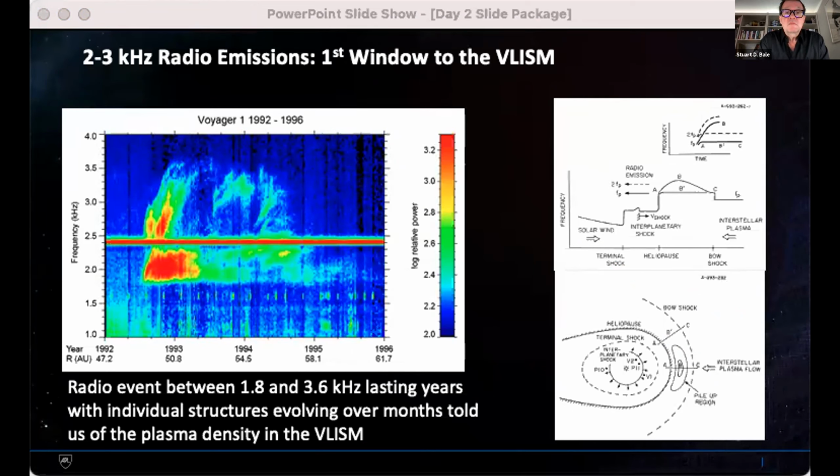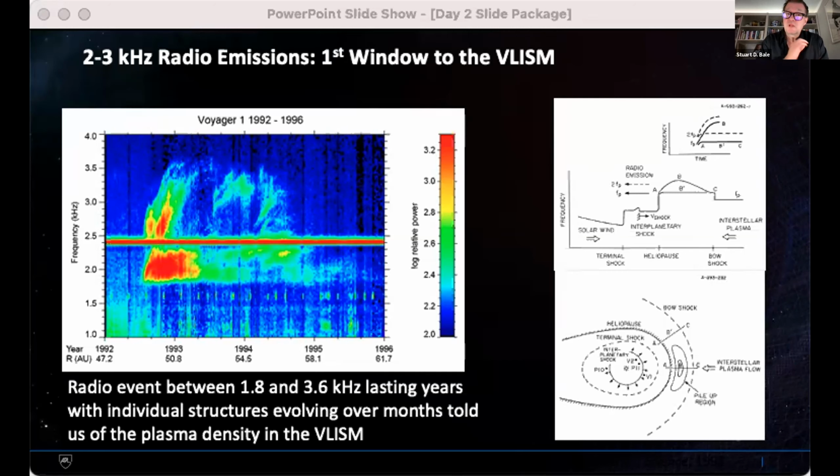To remind you, this radio emission is plasma emission, so it's generated at the local plasma frequency by superthermal electrons. At least if the foreshock analogy is good, which is probably the leading theory here, then what you're looking at are fast Fermi energized thermal electrons that produce Langmuir waves that then produce radio emission.